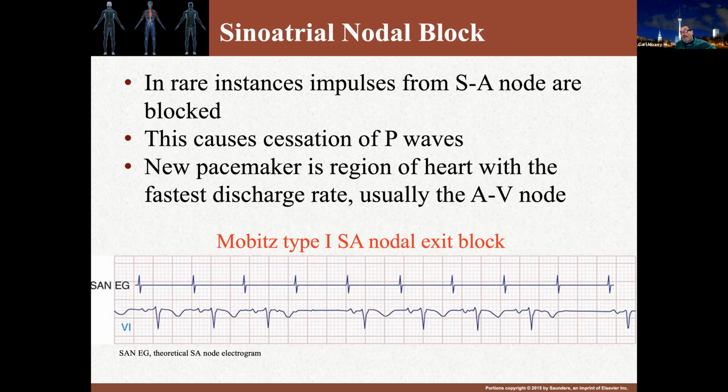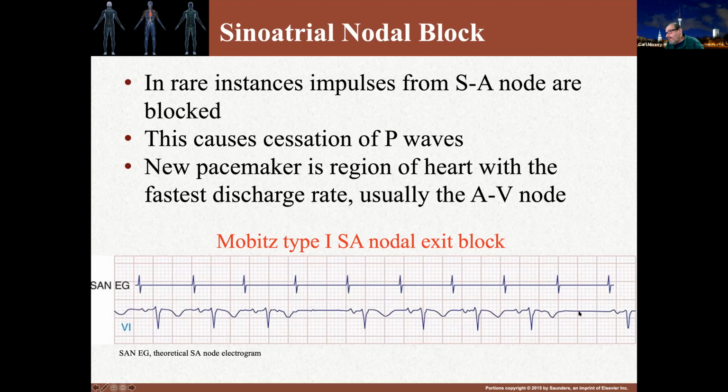The rate can range from normal to slow. As we look at this Mobitz type 1 sinoatrial nodal exit block, we see P waves, QRSs, and inverted T waves in this case. Notice how this P wave isn't followed by anything.